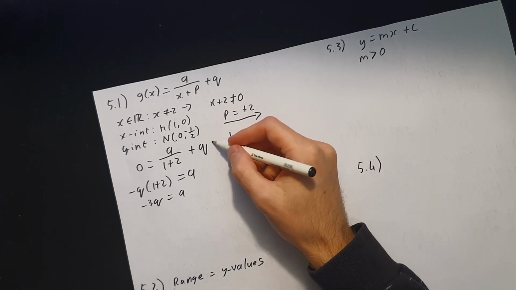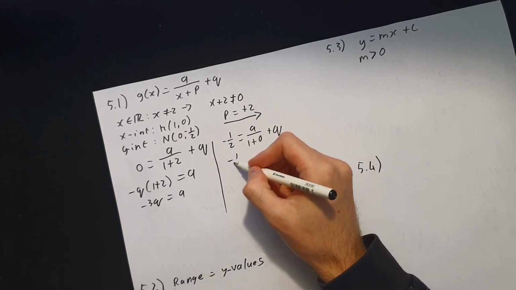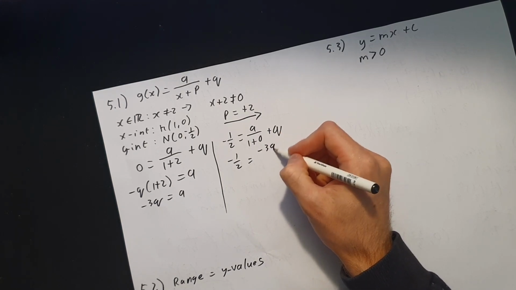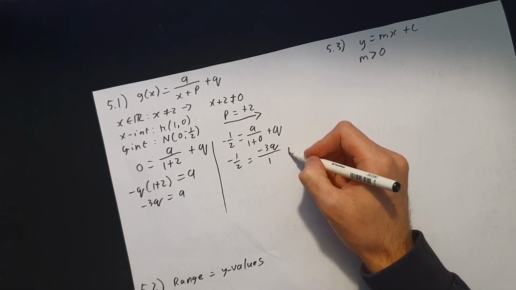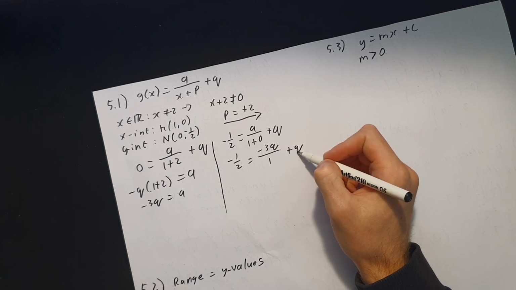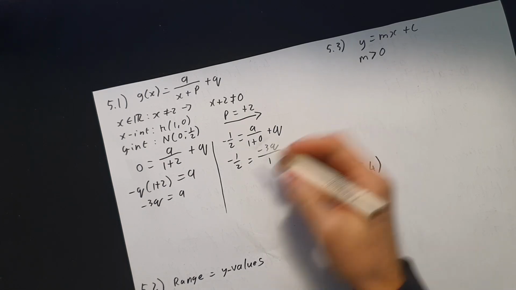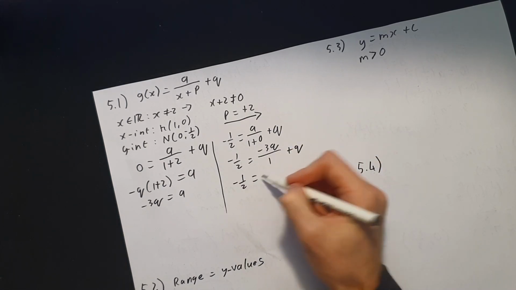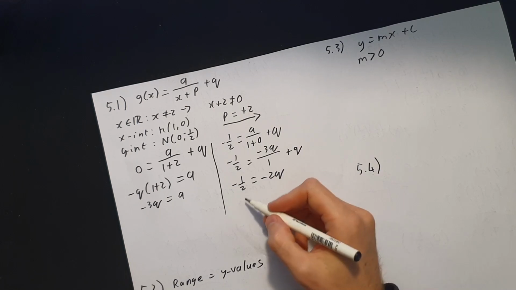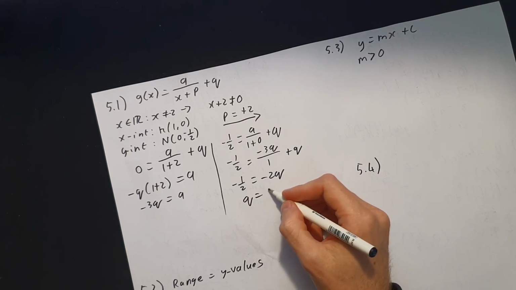So negative half equals negative 3q over 2 plus q. If we sort all that out, we end up with negative 2 equals negative 2q, and if we divide by negative 2, we get q equal to 1.